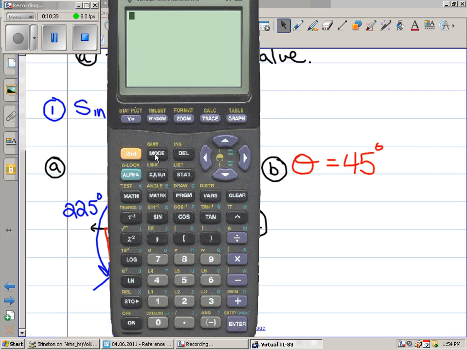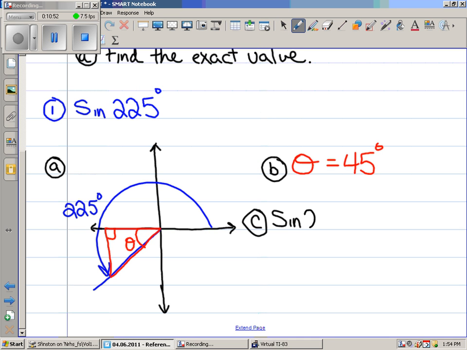Type in sine 225. Say to yourself, is that positive or negative? Thank you. So therefore, the sine of 225 is equal to the negative sine of the reference angle. That's all you do. It's just the negative version of it.